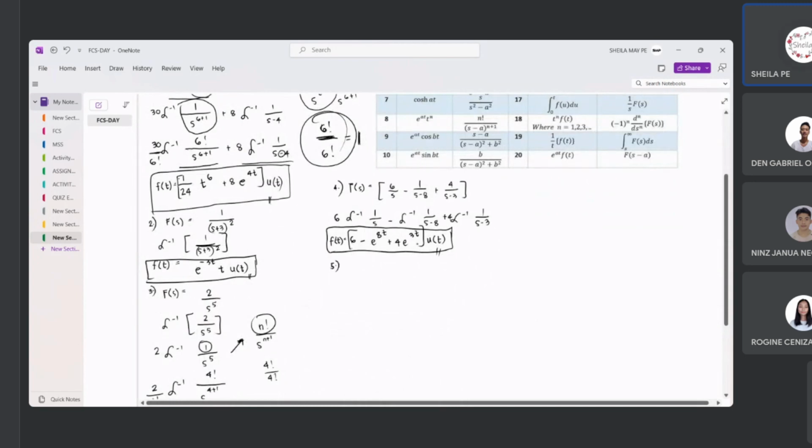So for number 5, this would be an example. Okay, we have F of s equal to 6s over s squared plus 25 plus 3 over s squared plus 25.